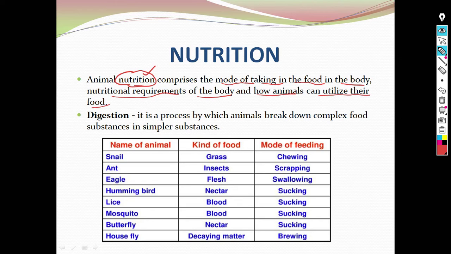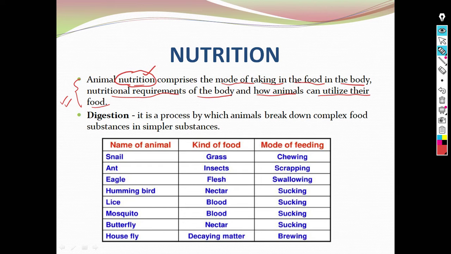Once they have eaten food, digested it and absorbed the nutrients, how do they utilize them? We are going to discuss all these things in animal nutrition.